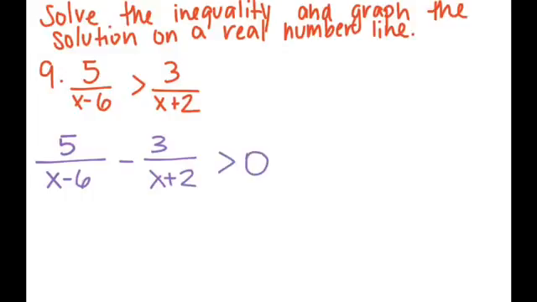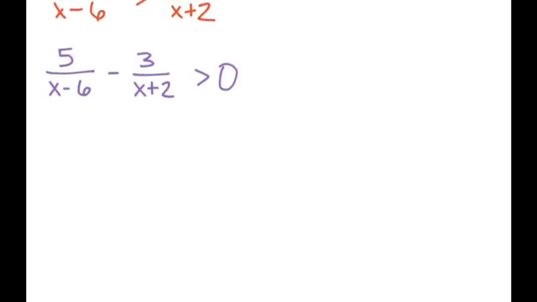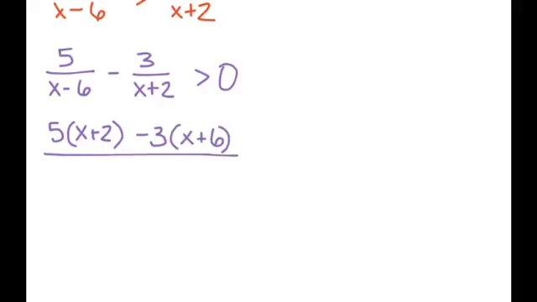And then you want to combine them, so you're going to multiply the 5 by x plus 2, and then the negative 3 by x plus 6, and then put it all under the same denominator. So x minus 6, and x plus 2.